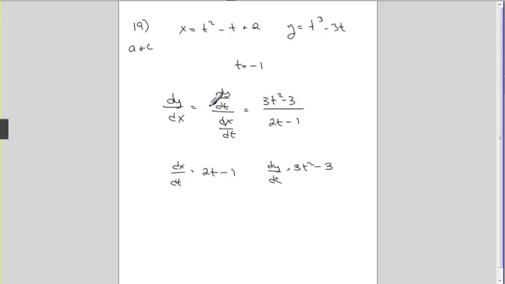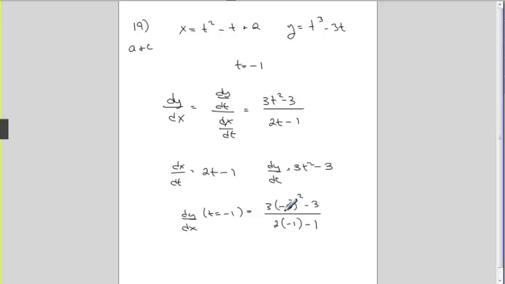Anyway, so that is the slope. So we could plug in t equals negative 1 and find out what the slope is. So dy dx at t equals negative 1. We just plug it in there. So we get 3 times negative 1 squared minus 3, and then we have 2 times negative 1 minus 1.